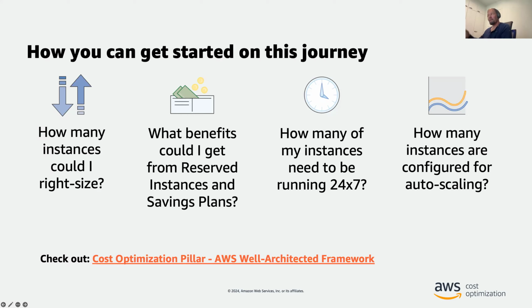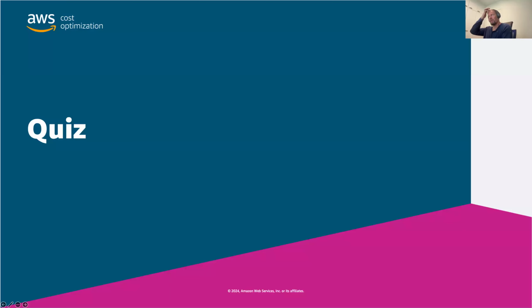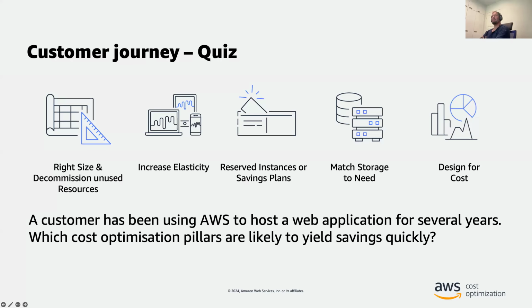All right, then next we actually have a short quiz here. So this is for you to take a look a little bit and select which ones would be right. So the customer has been using AWS to host a web application for several years. Now, which cost optimization pillar is likely to yield savings quickly?